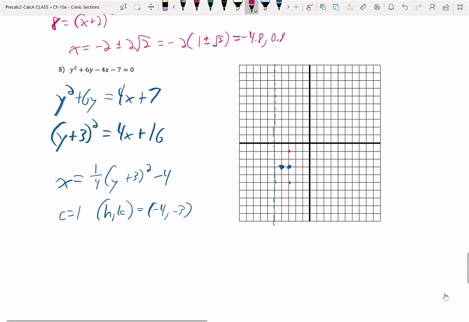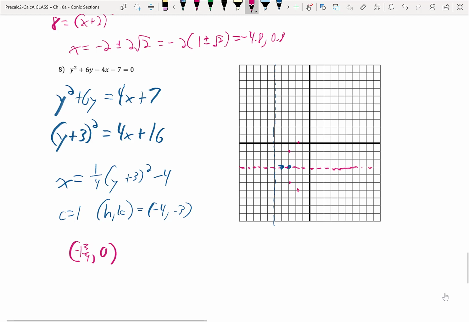My x-intercept would be located at, well, if I plug 0 in for y, I get 9/4 minus 4. 9/4 minus 16/4 is -7/4, or -1 3/4. And if it's -1 3/4, that's right here, and its opposite corresponding point would be right here, opposite the axis of symmetry, of course.